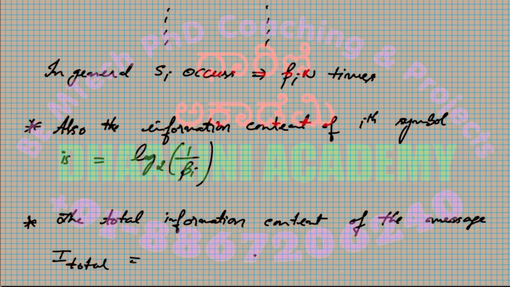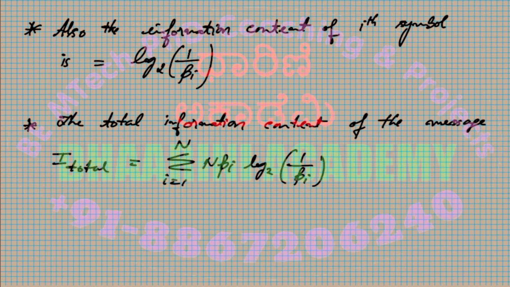How do you calculate that? It is every symbol, how many times it repeats into its information content. So I can write it as summation, i varying from 1 to n, because the length of my received message is capital N. For each of the received symbols, you do this. That is n times Pi log to the base 2 of 1 divided by Pi. Okay, this is the total information.